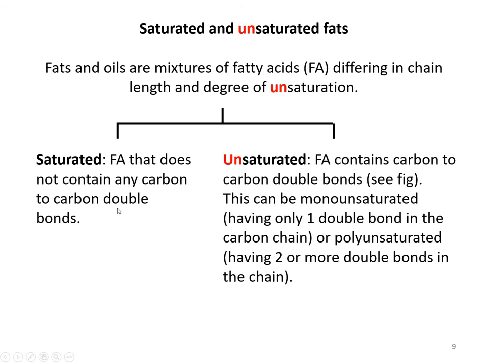In contrast, unsaturated fatty acids contain carbon to carbon double bonds. They can be monounsaturated or polyunsaturated. Whether the fats are made up of saturated or unsaturated fatty acids is very important in food technology, because that will determine the physical properties of that particular fat or oil.